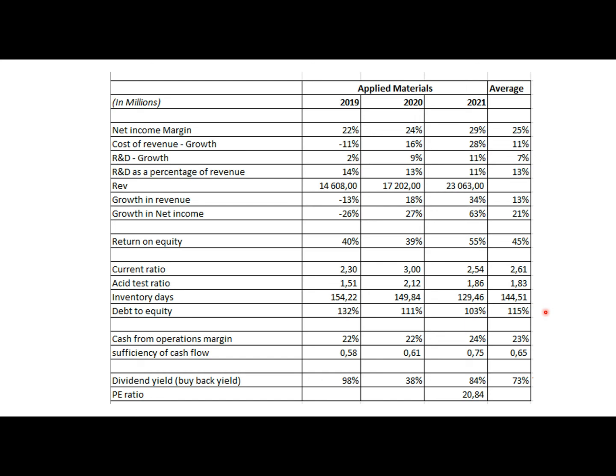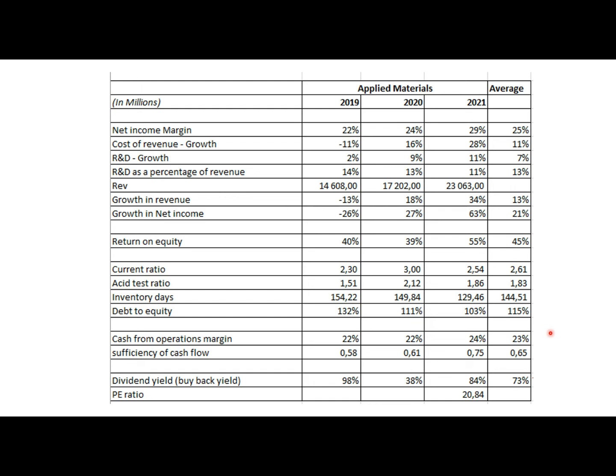Yes, we do know that the industry is about 26% and it's only at 23%, but like I said, not too worried. It has been increasing, which does indicate a company in Applied Materials that has operations that can convert revenue into cash. Strong business model, cash flow positive business model.